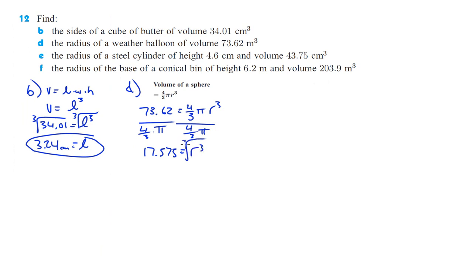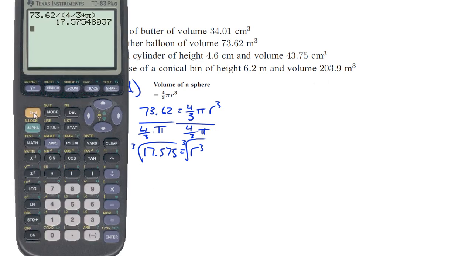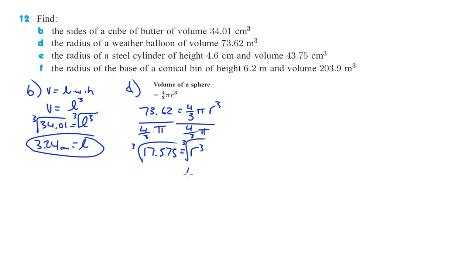So we've got to get rid of that by taking the cube root of both sides, right? So we take the cube root of our answer, and we get 2.5999. So let's go with that the radius is 2.60, to show that we rounded a little bit farther, 2.60 meters for the radius for that one.